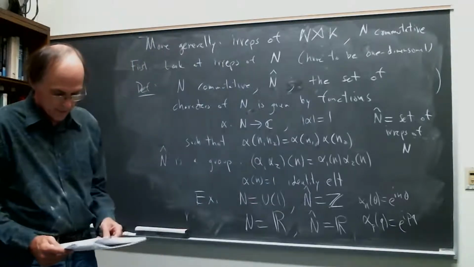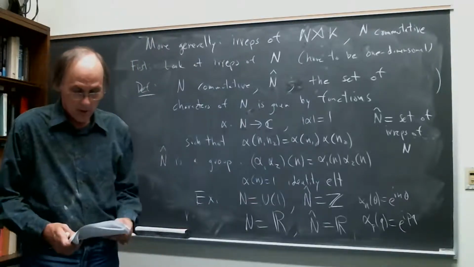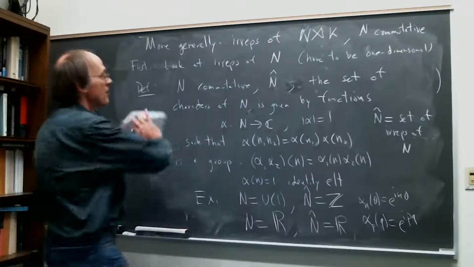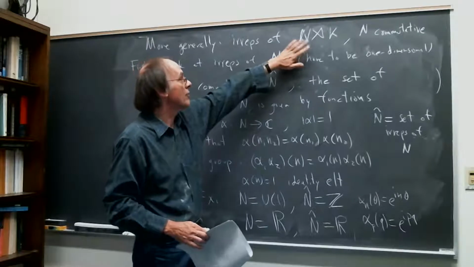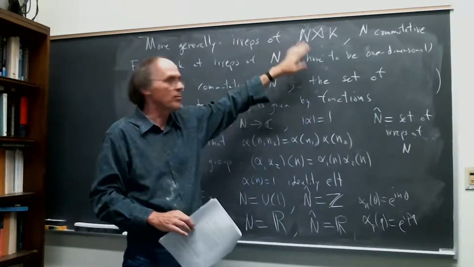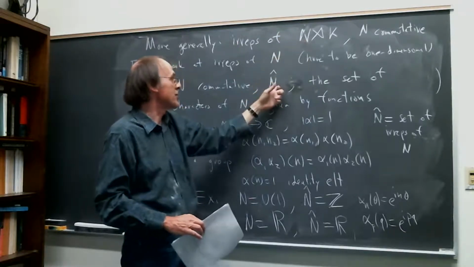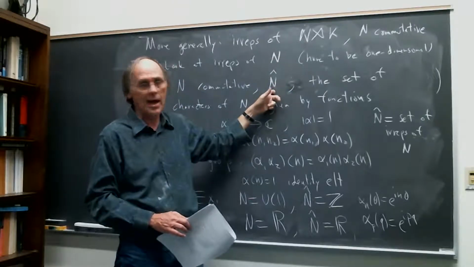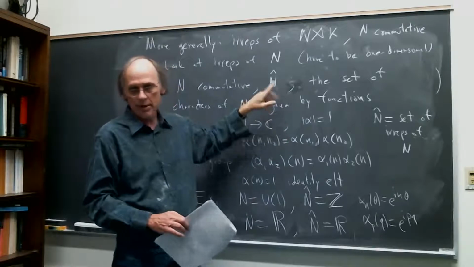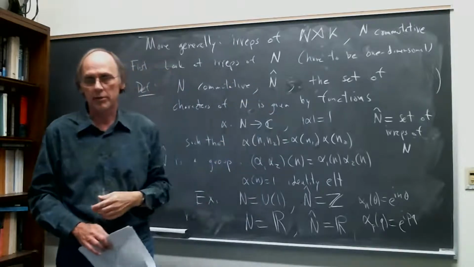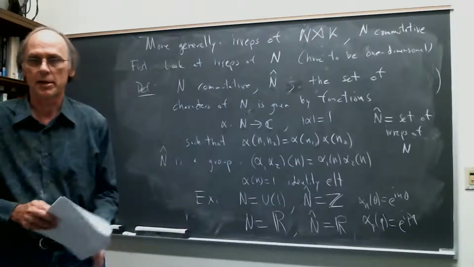Okay. So now what do we do with this? This is pretty much all there is to say about the representation theory of a commutative group. There's another commutative group, N hat, which you can define this way, and the elements of this correspond to the set of irreducible representations.